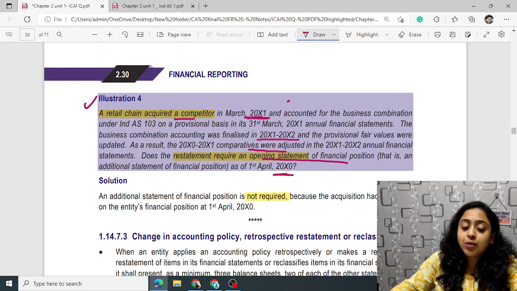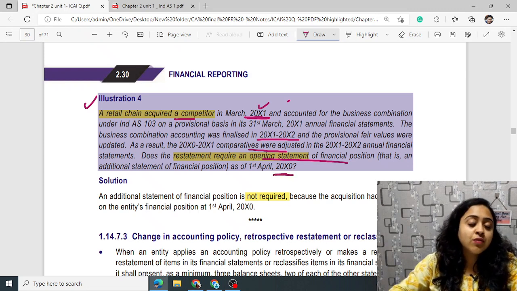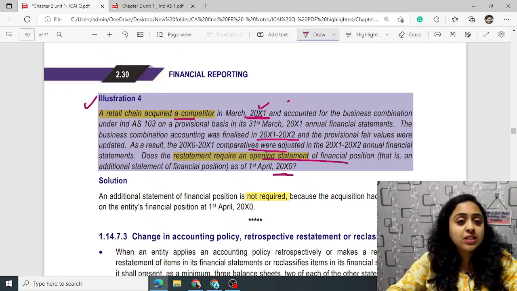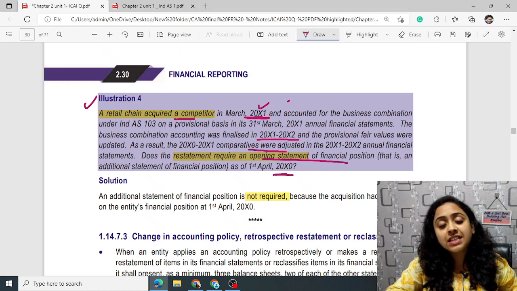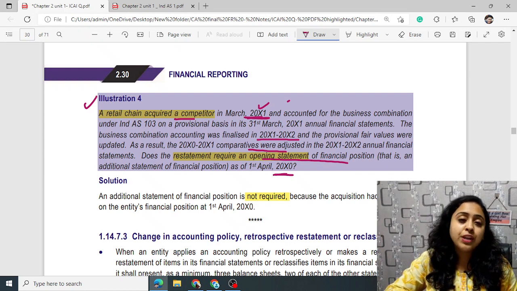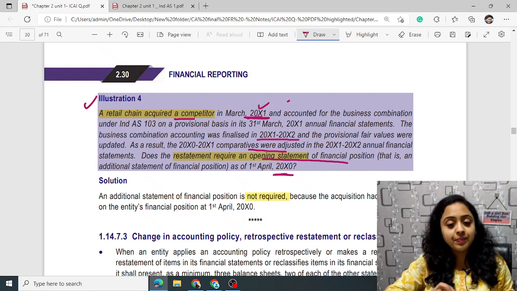See, we are talking about 2001. The acquisition was done in 2001. So this is previous year, and the current year is 2001 and 2, in which all the calculations have been presented. Now, is it at all affecting or existing on the date of 1st April 2000? No, nothing was there. Therefore there is no need of showing the opening balances as on 1st April 2020.